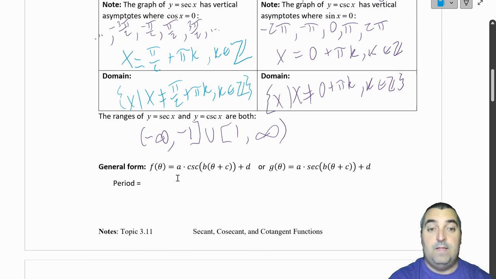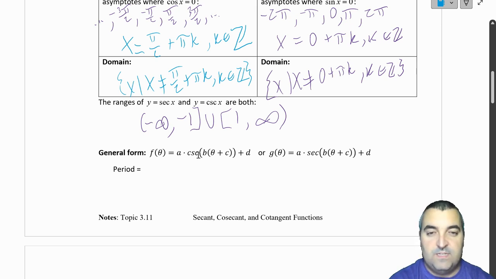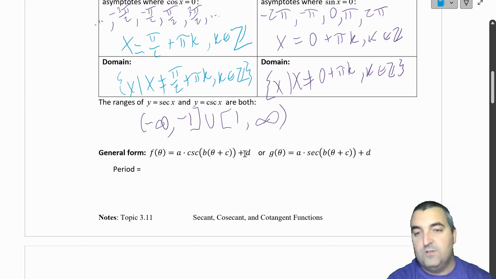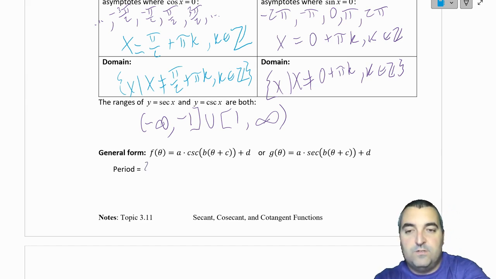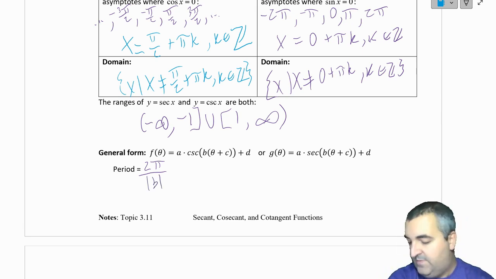All right, and then last thing for this video is the general form. You've seen this before with sine and cosines. Well, cosecant and secant, it's almost exactly the same. So period is still 2 pi over b, and period's always positive, so we just throw absolute value there.